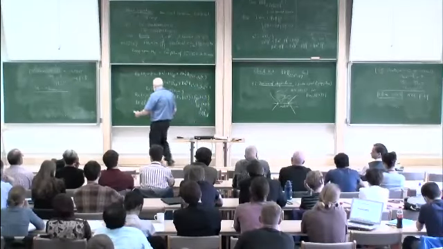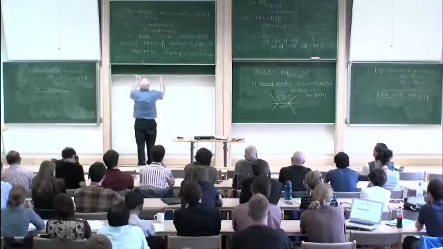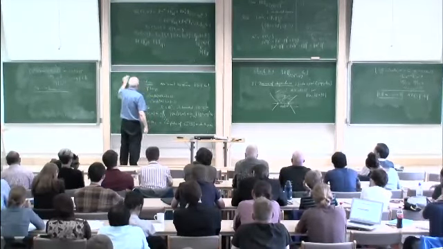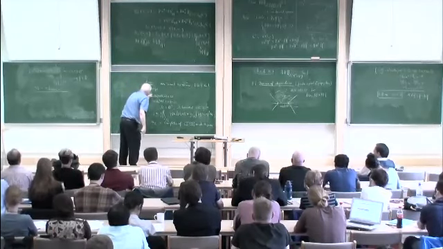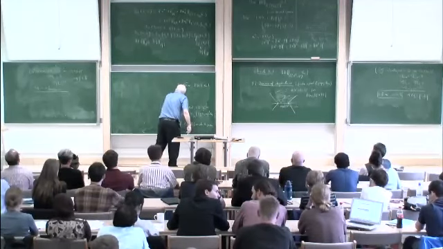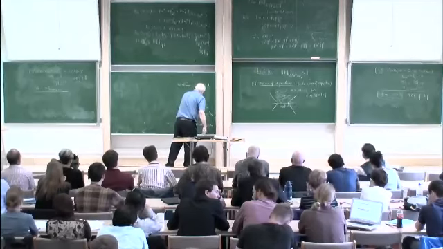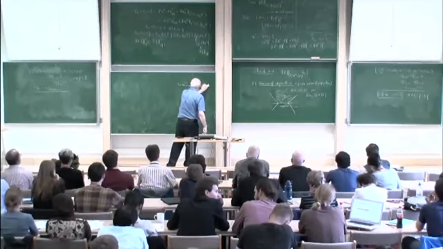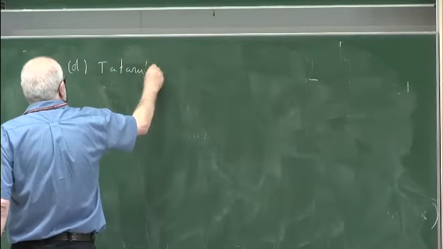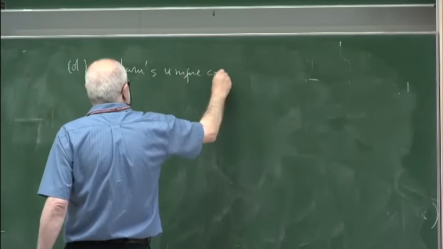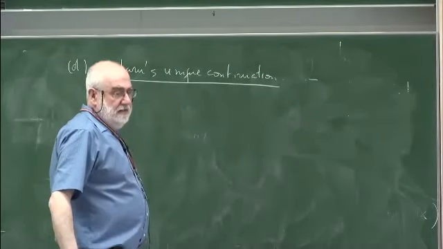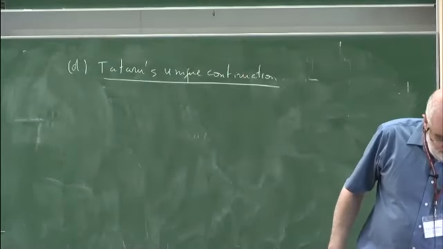Okay, so the final ingredient in the proof that the norm of k is less than 1 is Tataru's unique continuation result, which I mentioned this morning, which in the form that I'm going to use it is the following.